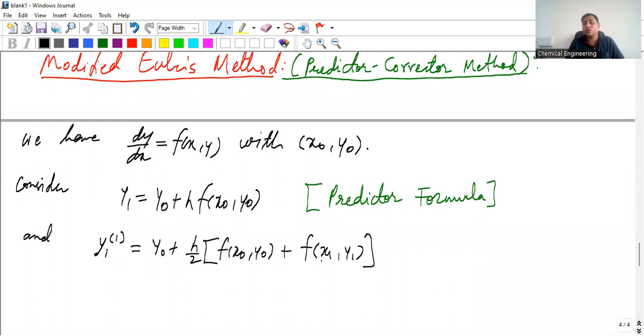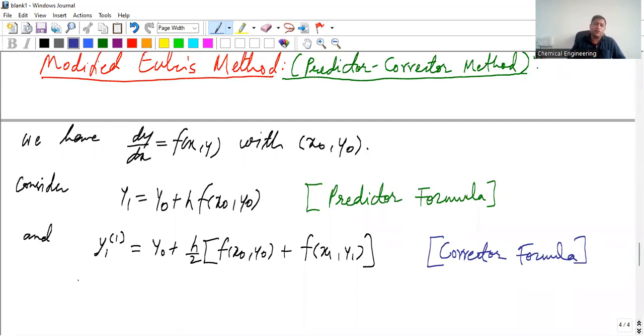See, it is using the current location and the previous known location also, so that it will give a more correct answer, and this formula is called the corrector formula.